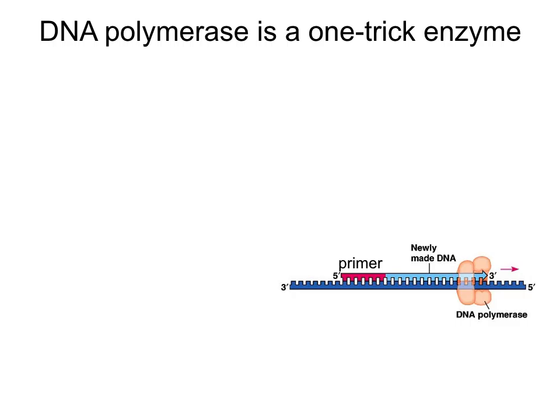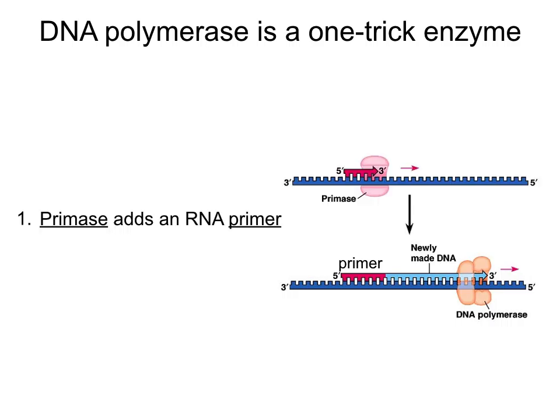As I mentioned before, DNA Pol will extend from the 3' end of an existing nucleic acid that's bonded by complementary base pairs to a template. Here we have a little primer, and that little primer was actually formed by a type of RNA polymerase called primase. This is an important distinction between RNA polymerases and DNA polymerases: RNA polymerases can initiate a new strand, whereas DNA polymerases require a 3' end of an existing nucleic acid, either RNA or DNA, to extend a strand.